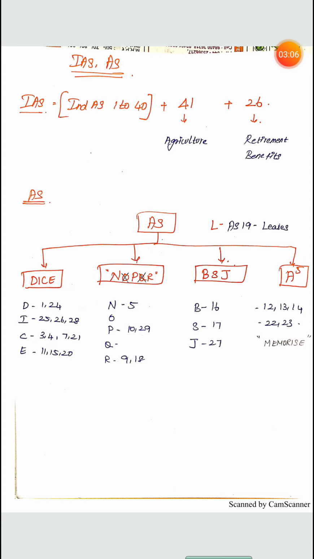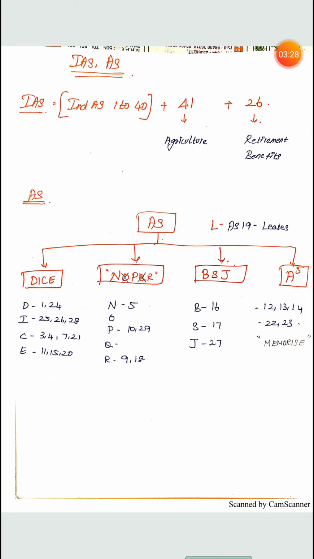So under DICE, since D is the first one, it comes 1 and there are 24 hours in a day. After that, I, whatever comes after 24 becomes I: 25, 26 and 28. C is in the third position, so we have 3 followed by 4, and 3 plus 4 is 7, and 7 3s are 21. E, we have 11, 15 and 20.